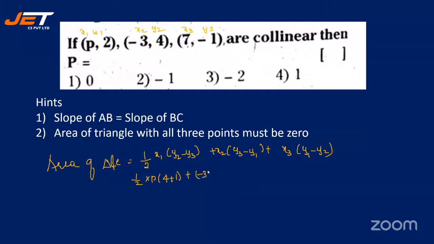Minus 3 into y3 minus y1 plus x3 into y1 minus y2. So 4 plus 1, 5. 5p.